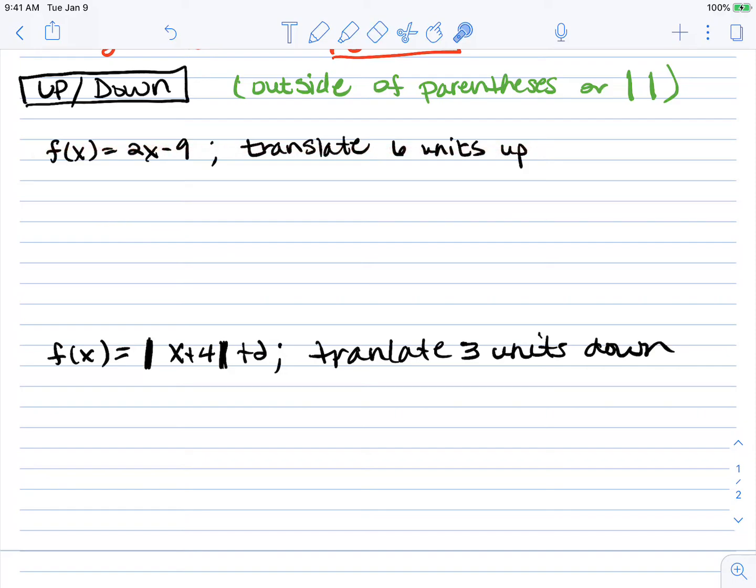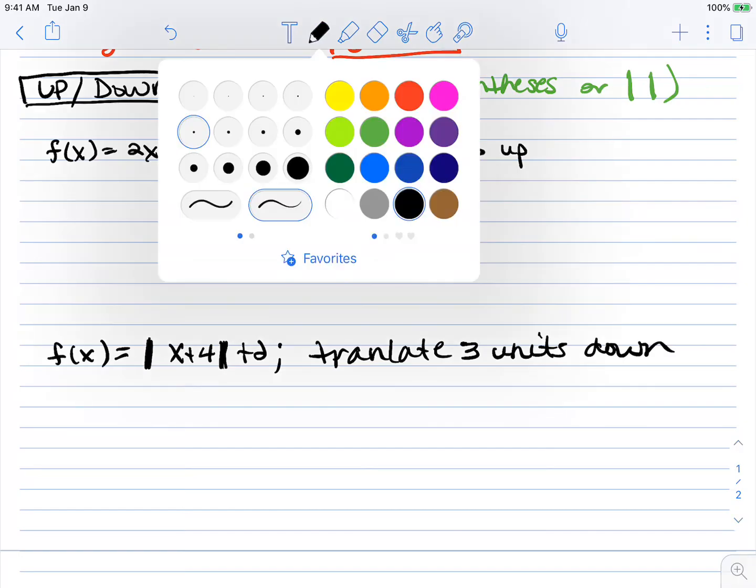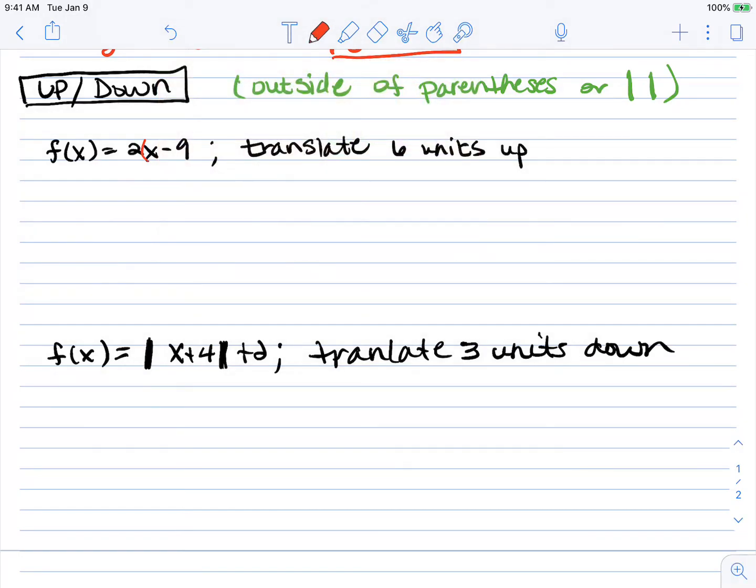So I'm given that f of x equals 2x minus 9, and I need to translate this 6 units up. And when it's up and down, it's outside of parentheses or absolute value brackets. Well, I'm going to put the parentheses where they go, just so that you know where they're at, and it's always around that x. If these are not written down, that's where it's going to be.